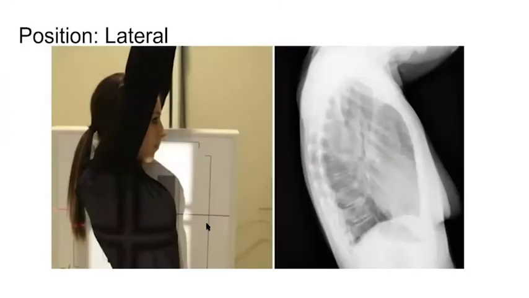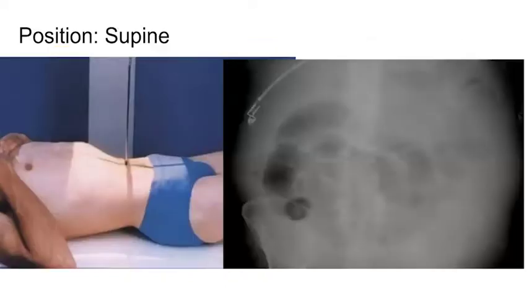This is a lateral projection. The patient is turned on the side and this is the detector and the radiation source is coming through this way. And this is what a lateral projection looks like. This is a supine position. The patient is laying flat, the radiation source is above the patient, and the detector is behind the patient.